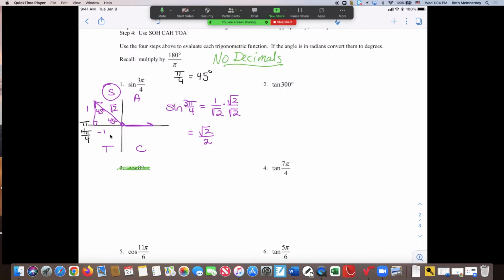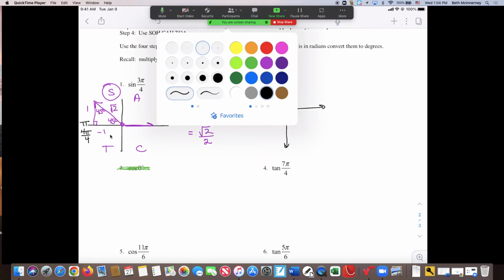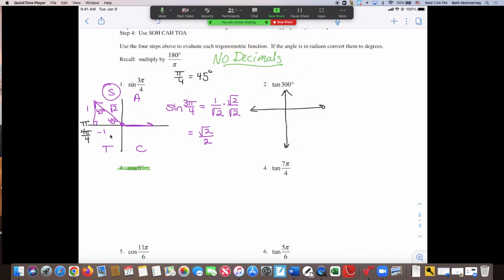All right, what quadrant do you find 300 degrees? In the fourth. How many degrees away from the x-axis is it? 60. So that's definitely more than halfway, but that's giving me the reference angle is 60. Across from 30 is 1, the hypotenuse is 2, across from the 60 is square root 3.